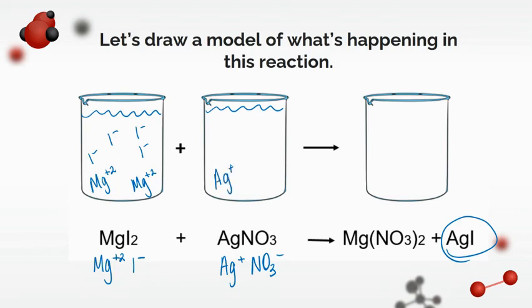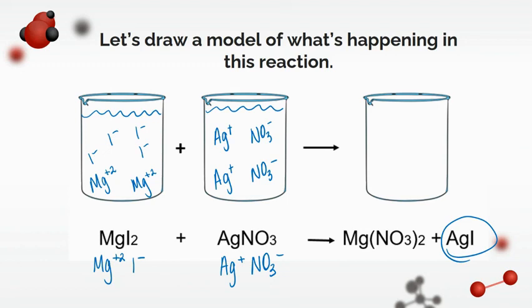So if you write 1 silver, you can write 1 nitrate ion. If you write 2 silver, then you need to write 2 nitrate ions. Once again, I don't mind if you write just 1 silver and 1 nitrate. Just make sure you keep that same ratio of 1-to-1. Now, we take those 2 beakers and we add them together.